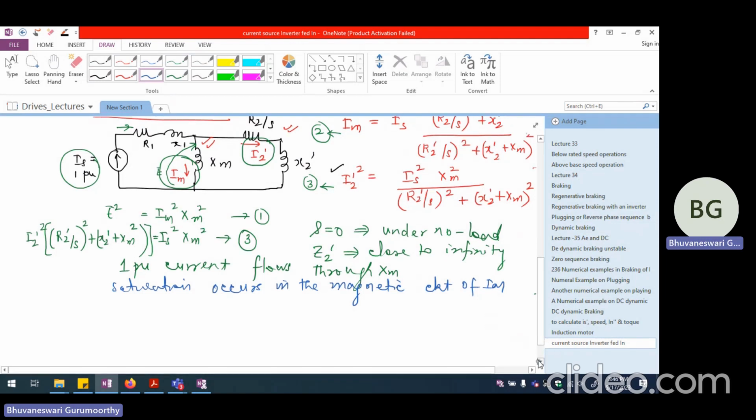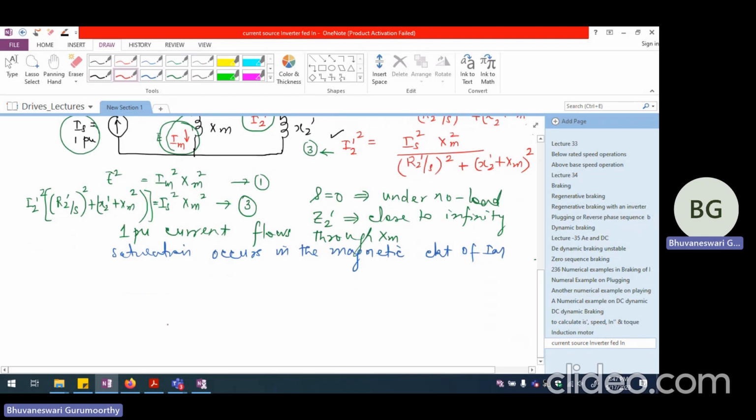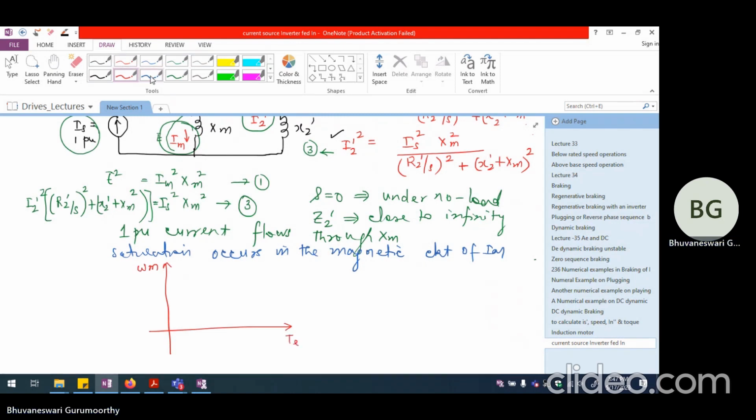So if I try to plot the voltage fed induction motor drive and current fed induction motor drive characteristics, let us say this is omega m, whereas this is going to be TE. If I am talking about the voltage fed case, somewhat like this is the voltage fed case.